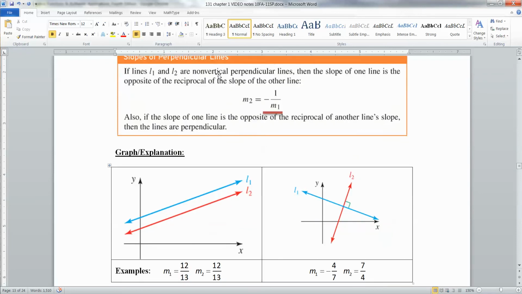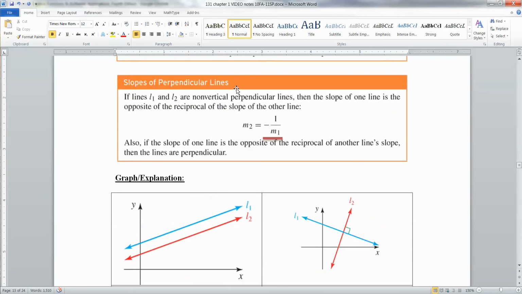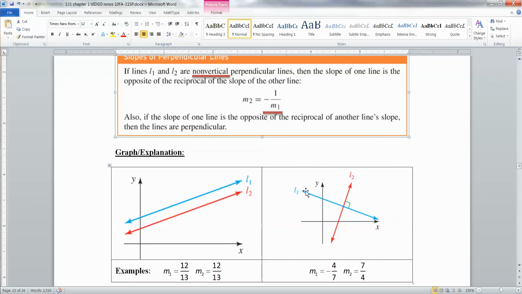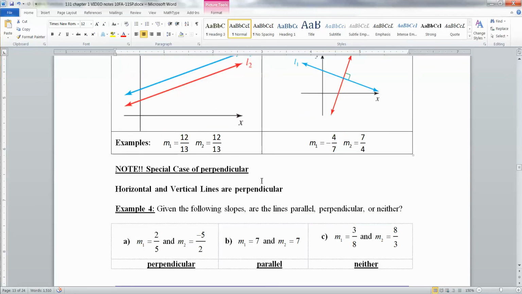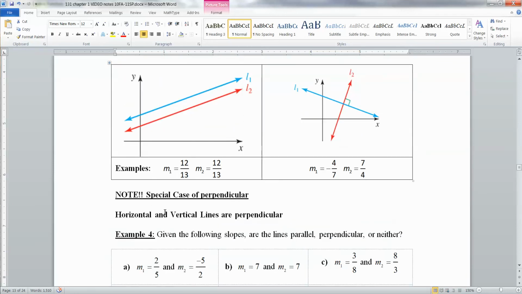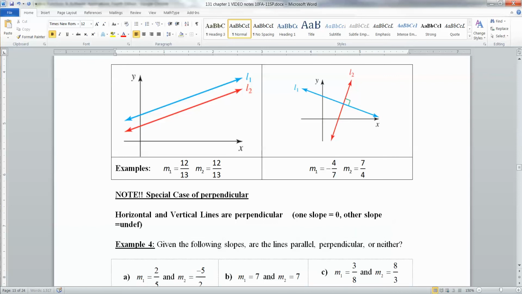That's why they say, see that? Non-vertical perpendicular lines. They're not saying that for nothing. They're saying non-vertical because this whole negative flip-flop thing only works for diagonal lines, right? So if you have horizontal and vertical lines, then they're perpendicular. The one slope is 0, the other slope is undefined. That's how we're going to do it. Okay.